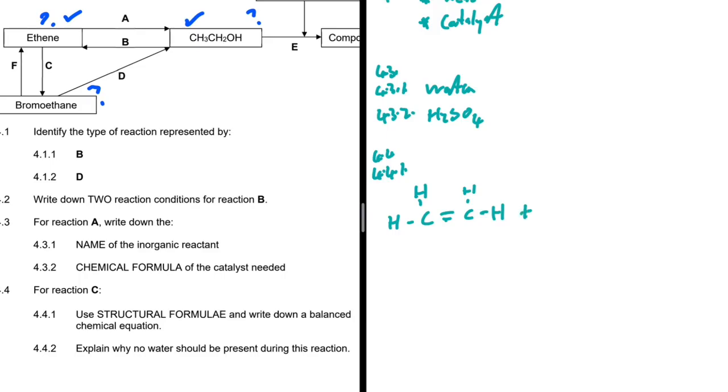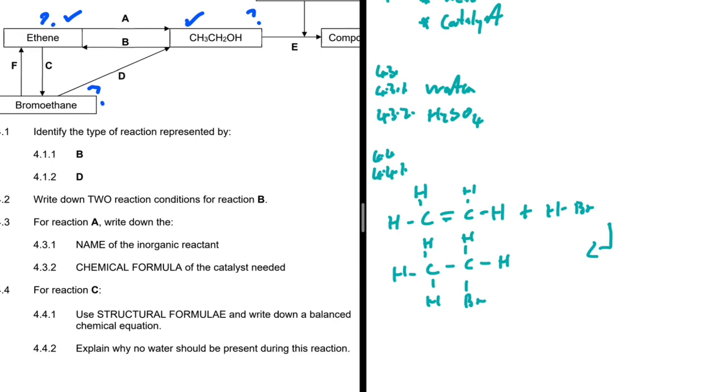So what are we adding here? We're adding HBr. And this should give us bromoethane. So the double bond gets broken, and it's just a matter of filling out the hydrogen and the bromo in one of those bonds. So there we go. I think all is well.